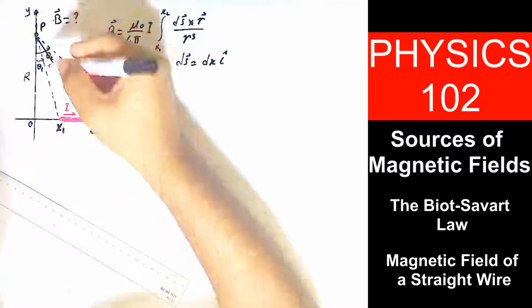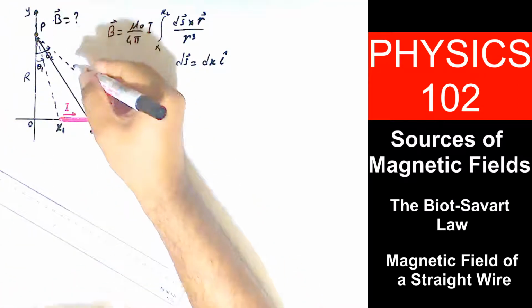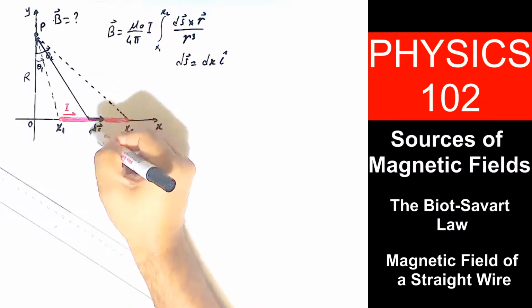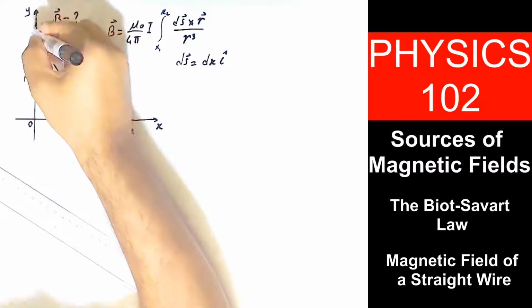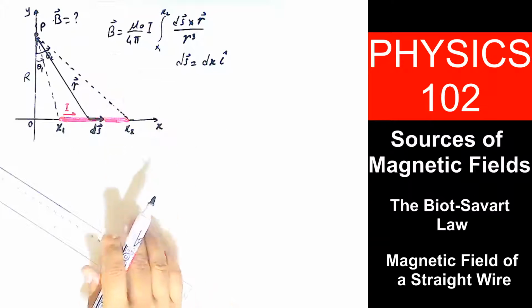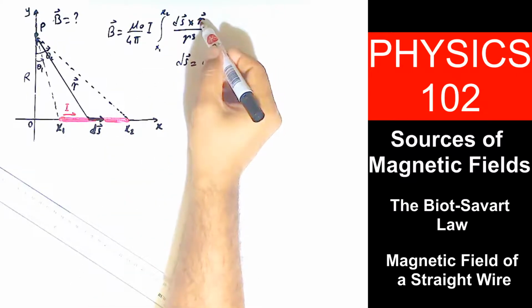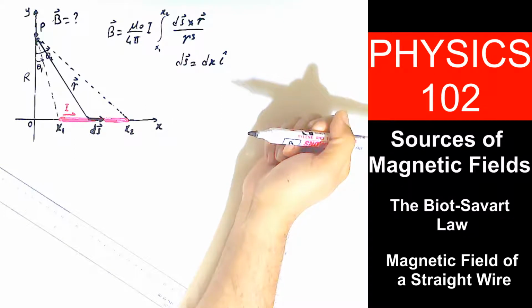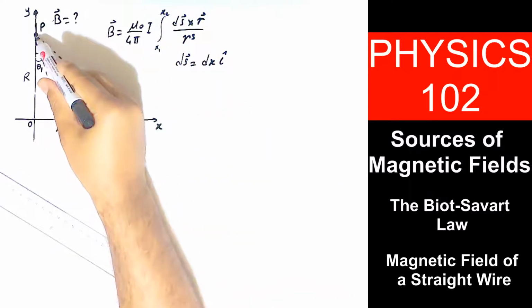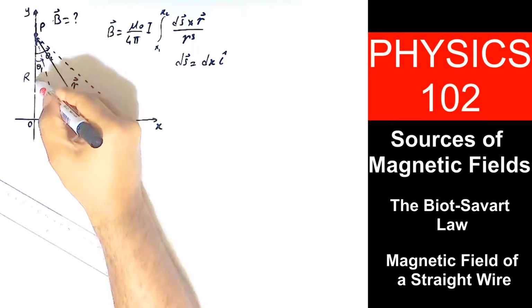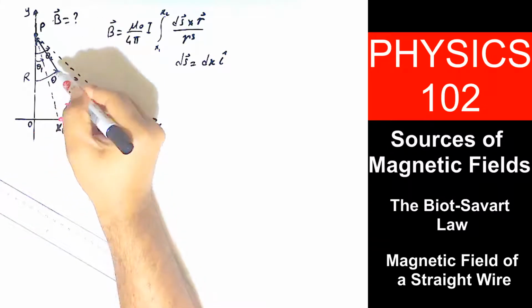This vector starts from the location of ds and goes to the point P in question, and this is your displacement vector. And let's take this line, making angle theta with the vertical axis.